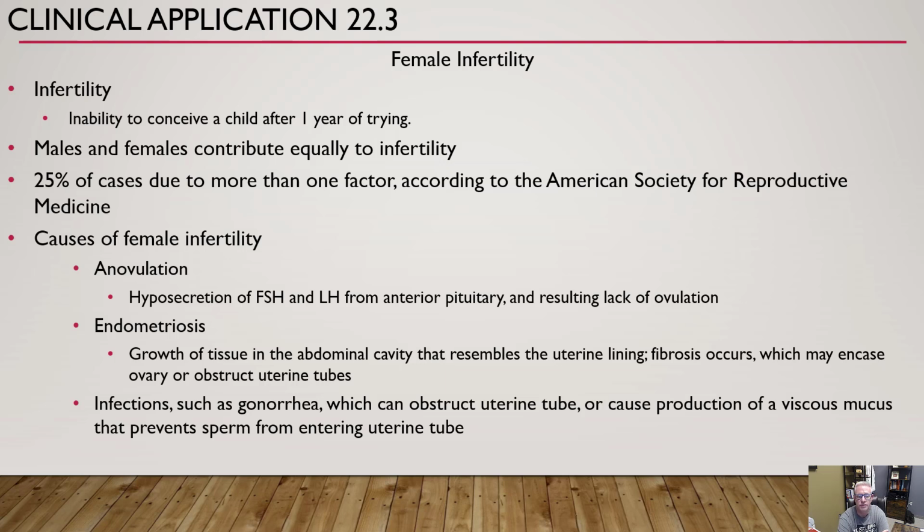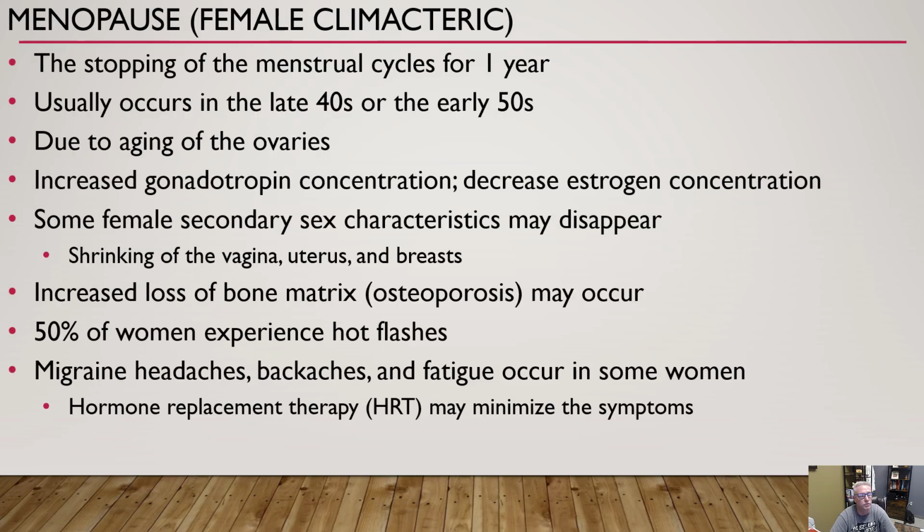Lots of exercise can contribute to infertility. Hardcore exercise can lead to decreased secretion of GnRH, and decreased GnRH is going to lead to decreased secretion of FSH and LH, which would lead to decreased ovulation. So hardcore exercise or lots of exercise could lead to infertility issues.